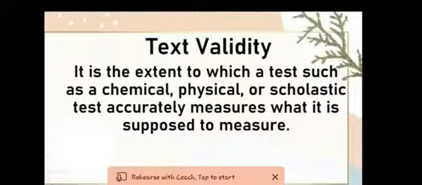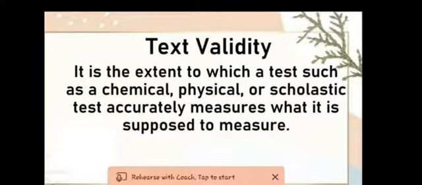So when we say test validity, it is the extent to which a test, such as a chemical, physical, or scholastic test, accurately measures what it is supposed to measure. It means that test validity is done to measure scholastic tests if they are done correctly.